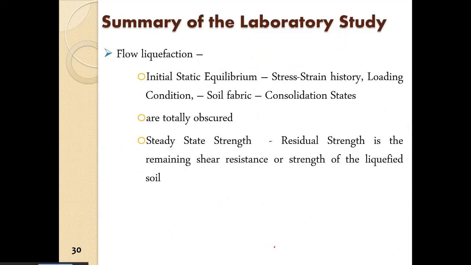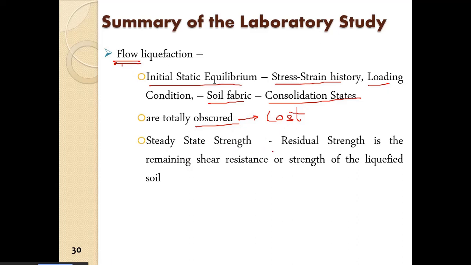So from the summary of the laboratory tests we come up with two different mechanisms of liquefaction. One is entirely flow liquefaction. So the initial static equilibrium, whatever was in the state, the stress-strain history that it collected, the loading condition, and the soil fabric that got developed, the soil structure, the consolidation states. All right, all of that is totally obscured, all of that is lost. So it is totally destroyed.